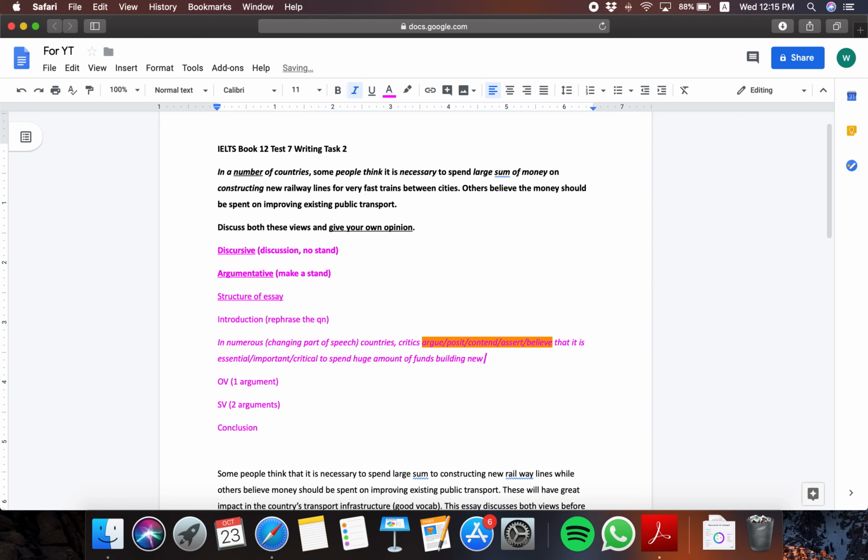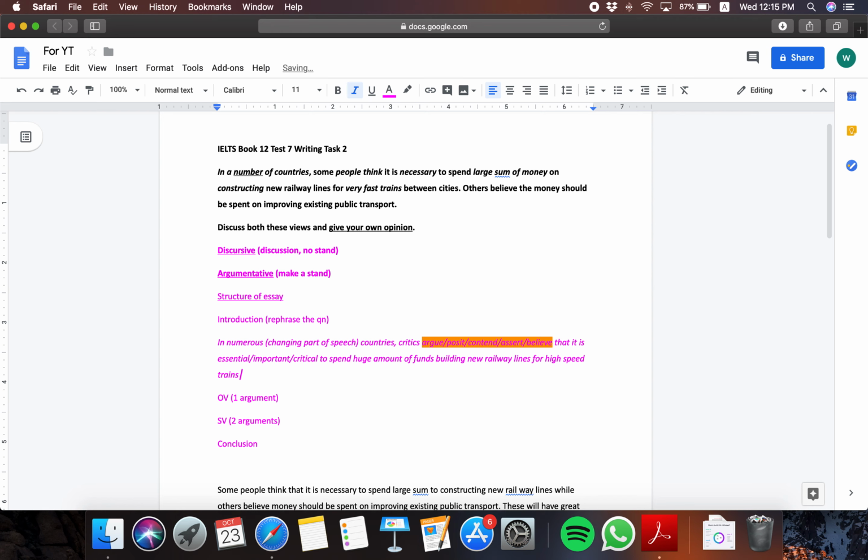New railway lines, we don't have to change. For very fast trains. This system is actually already existing in many countries, so we just say high speed trains between cities. Full stop.